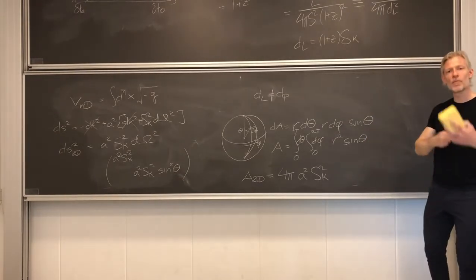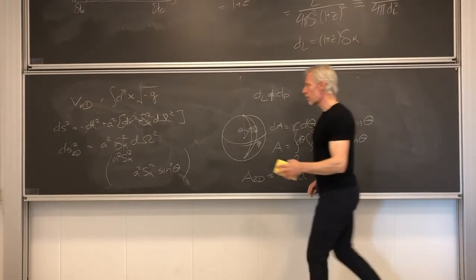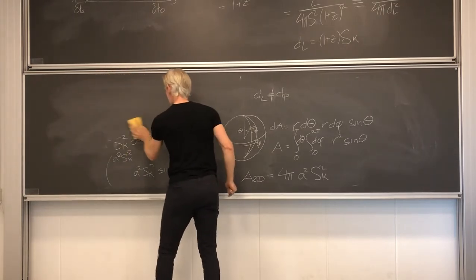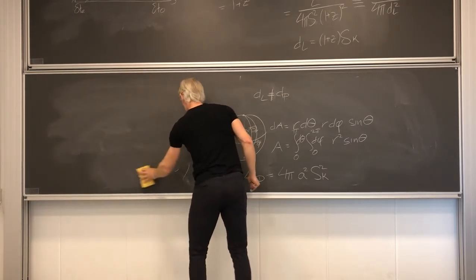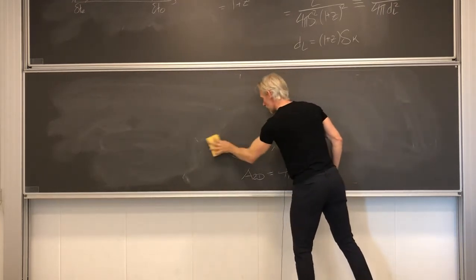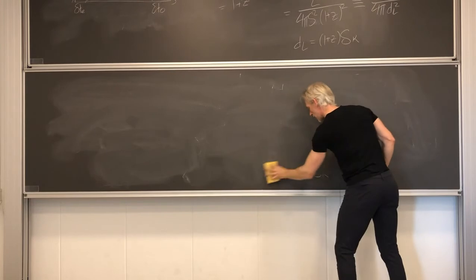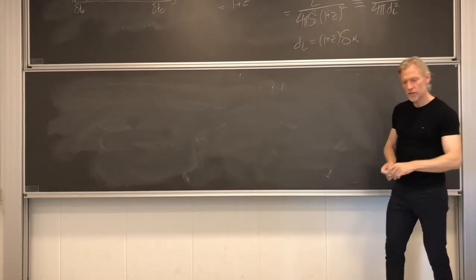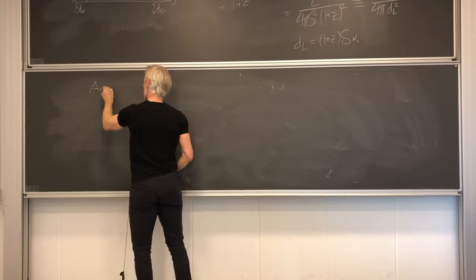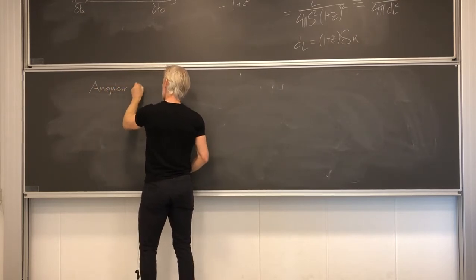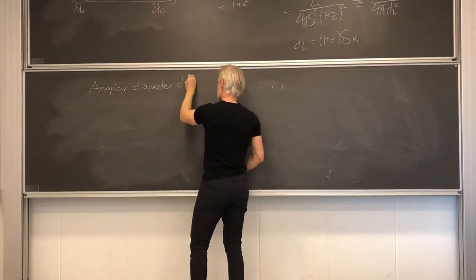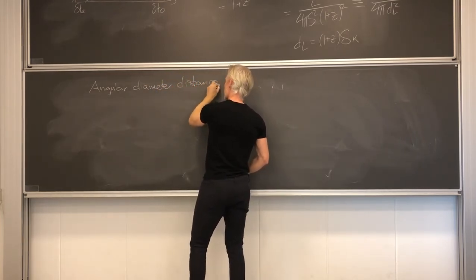It turns out there's one more which is equally useful, because of course there's another way of measuring distance in astronomy. And that other way of measuring distance is called the angular diameter distance.